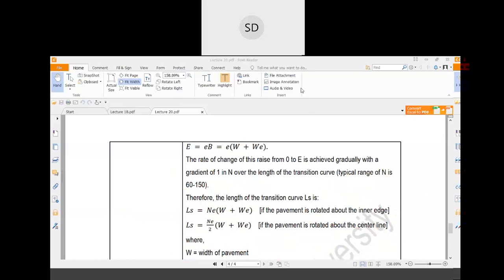That is, you will provide a maximum super elevation of 0.07 and check whether the coefficient of lateral friction is within the limit of 0.15 or not. So in the second step, you have to find out the coefficient of friction value. That would be V square divided by 127R minus the maximum super elevation of 0.07.